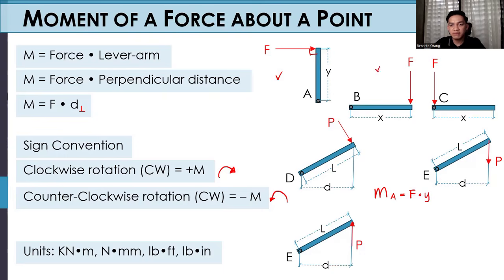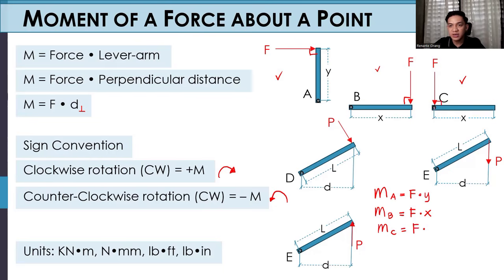Next class, we have our second figure. We have our point B and our force F. So what if we are finding our moment of our force F with respect to our point B, that is MB is equivalent to force po natin is F multiplied by its perpendicular distance, which is this distance X. So that is force times X. Third figure, class, we have our point C and our force F. So if we are finding our moment of our force F with respect to our point C, that is equivalent to force multiplied by its perpendicular distance.